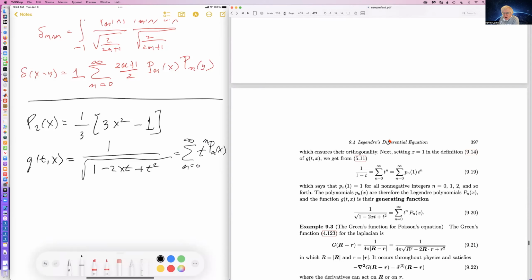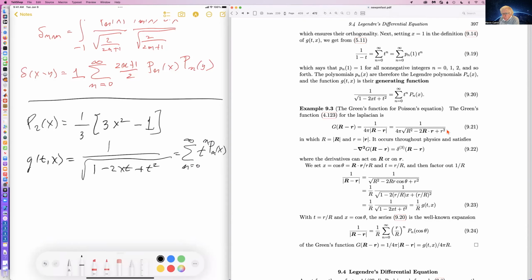But I wanted to say where this comes from. Well, it comes from Poisson's equation. So let's look at this. You see the Green's function for the Laplacian, in other words, the thing that you wind up staring at in an electrostatics class over and over again.